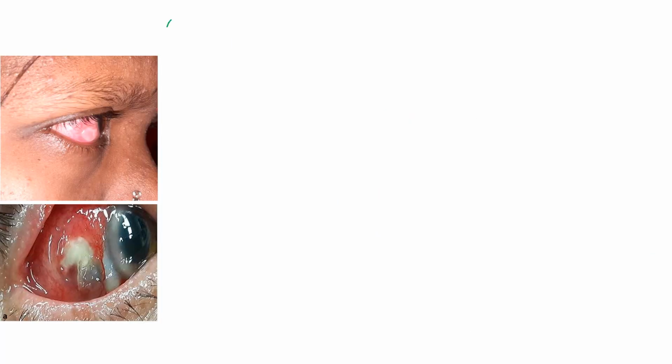Now let us discuss about some infections of sclera. This picture shows a case of gumma, which is seen in tertiary syphilis. This is uncommon nowadays. TB can also affect the sclera.